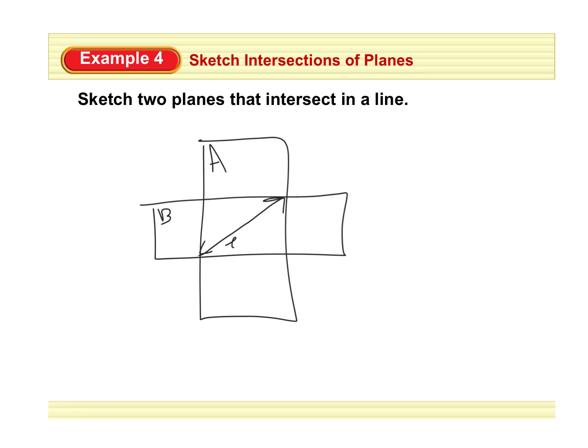There are two planes that intersect in a line. They intersect at line L. Does that work? Yep. Make sure you put your line in there, though.